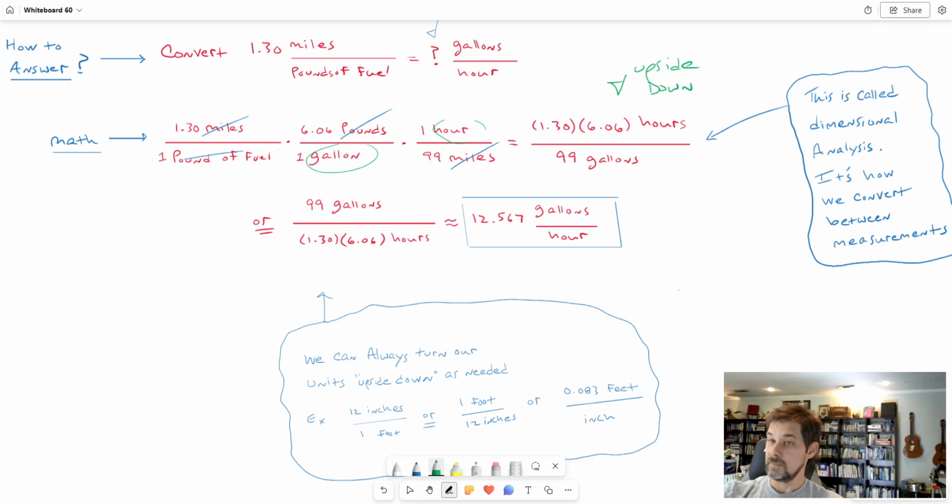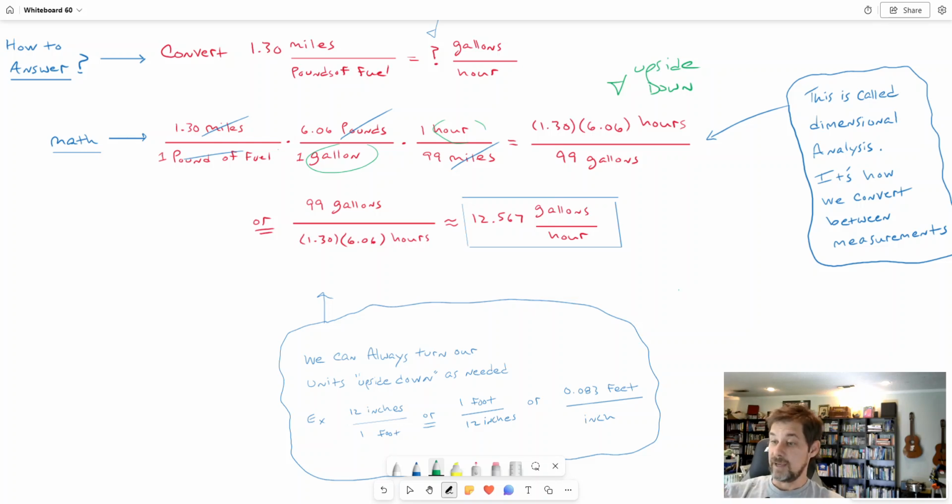I'll flip it to gallons on the top, hours on the bottom. All right, so I got 99 gallons. I moved this on the top, and I got 1.3 times 6.06 hours on the bottom. And if you take 99 and divide by 1.3 times 6.06, you'll get 12.567 gallons on top, hours on the bottom.